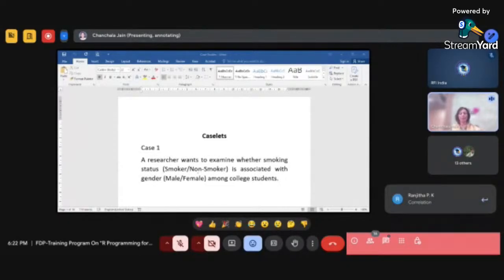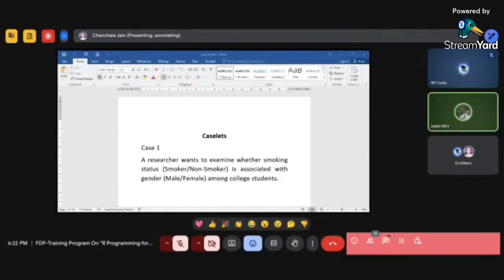Okay. Ranjita ma'am is writing. It is correlation. Fine. Anyone else? Correlation, ma'am. Sorry, Hari sir. It's correlation. Fine. Any other opinion?